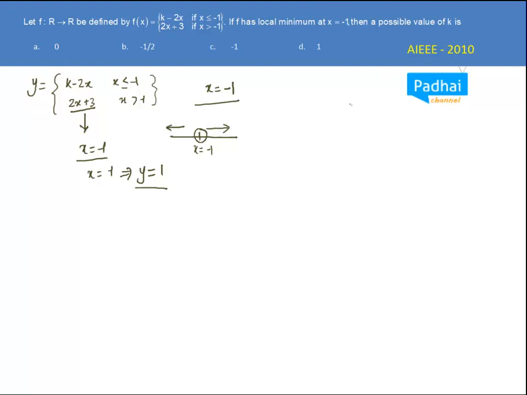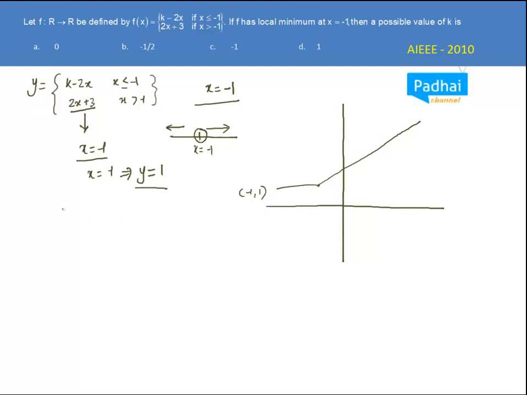If I draw the graph, the line 2x plus 3 would be something like this, and this point would be minus 1 comma 1.